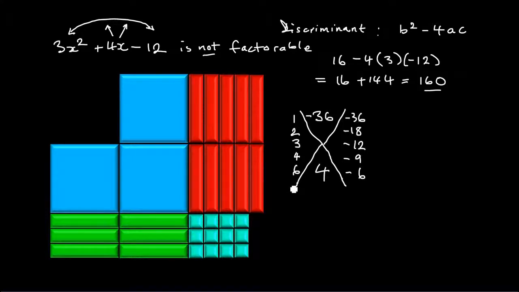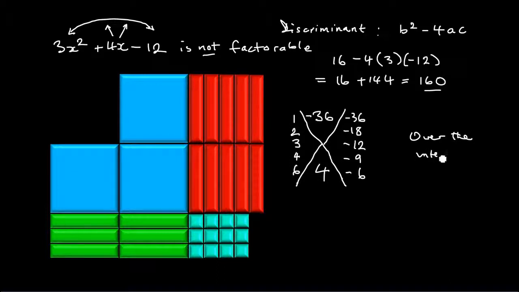So we know that, because we could go to 9 and so on, and 12, but none of these are going to get us near to 4. So by the time we've got down to 6 and minus 6, somewhere between 4 and minus 4 is where we're going to get our solution. But remember, we're doing this over the integers.